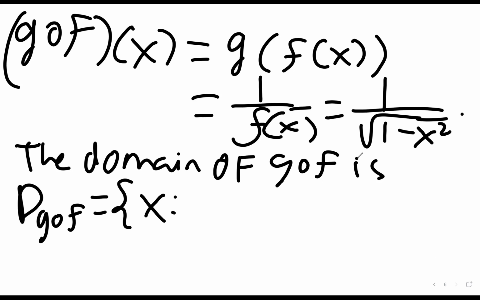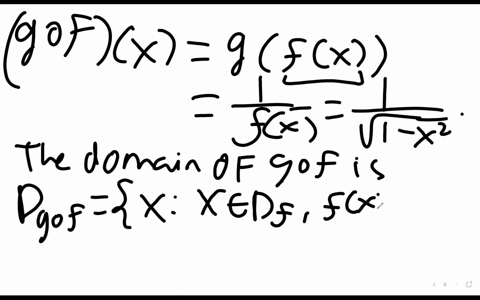In this case, it is the set of numbers x. In order to have g composite f, we have to calculate f of x first. So the first restriction on the value of x is that x should belong to the domain of f, and then f of x belongs to the domain of g.